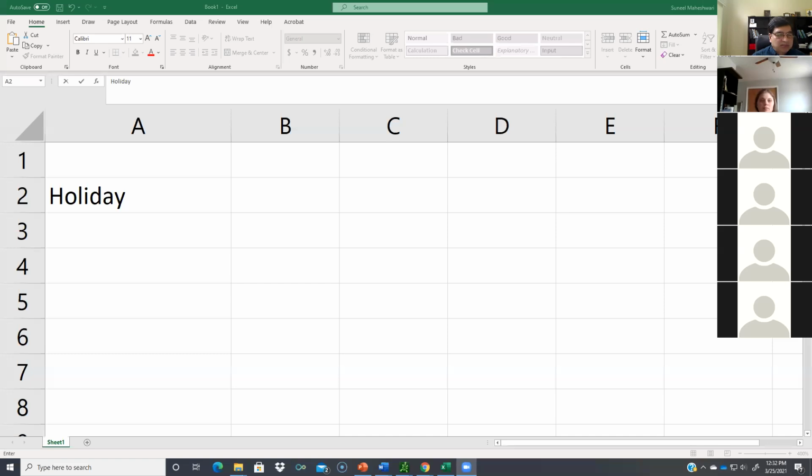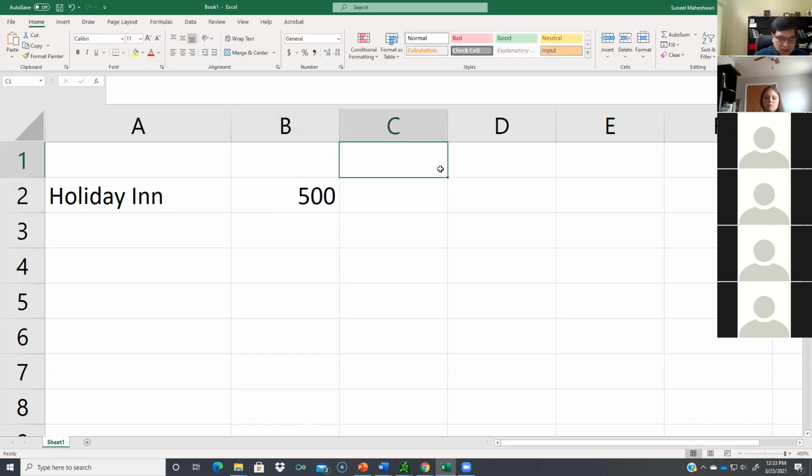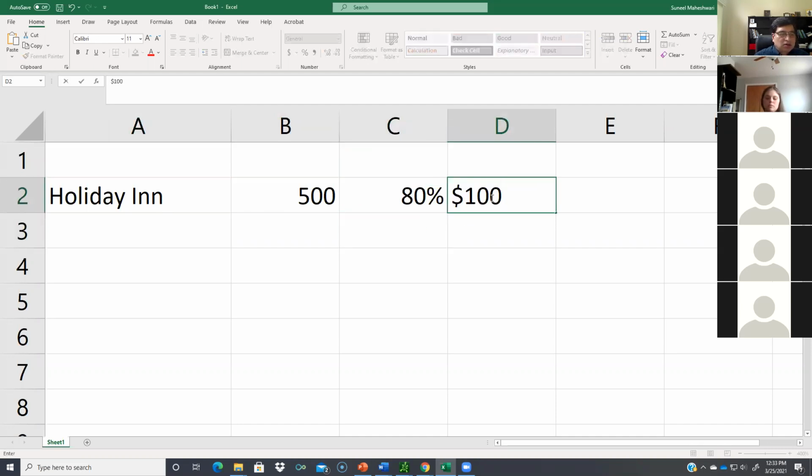When we did the master budget, we were talking about Holiday Inn, for example. And at this time, you should be able to see an Excel screen. So when we said Holiday Inn, we had, say, a 500 room property, and our occupancy was, say, 80%, and room rate was, say, $100 per room night, right?